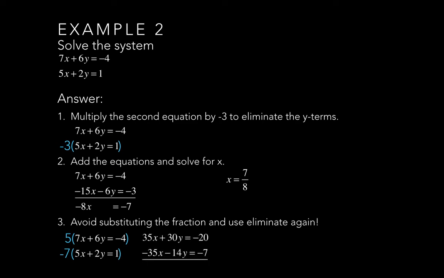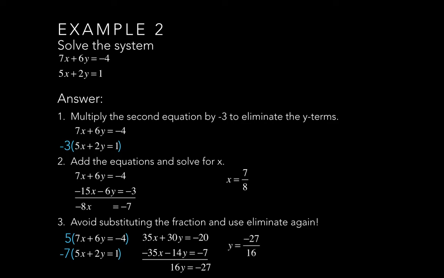Here are our systems after distributing those values to each term. The 35 and the negative 35 will cancel, so for the y terms, when you add those, you're going to have a 16y, and the constant on the other side will be negative 27. And again, we solve.